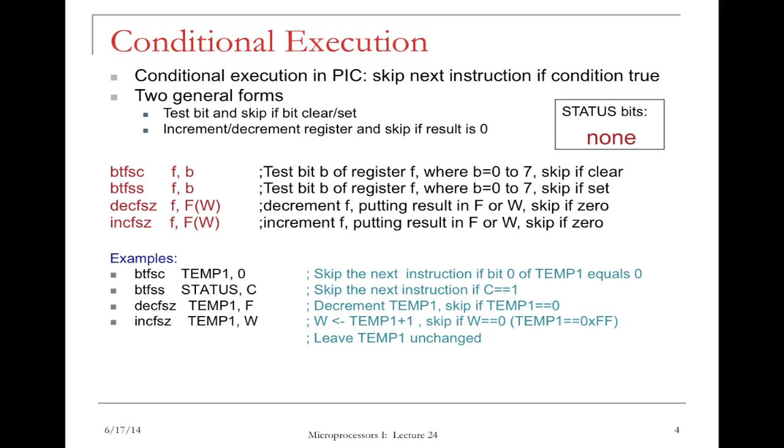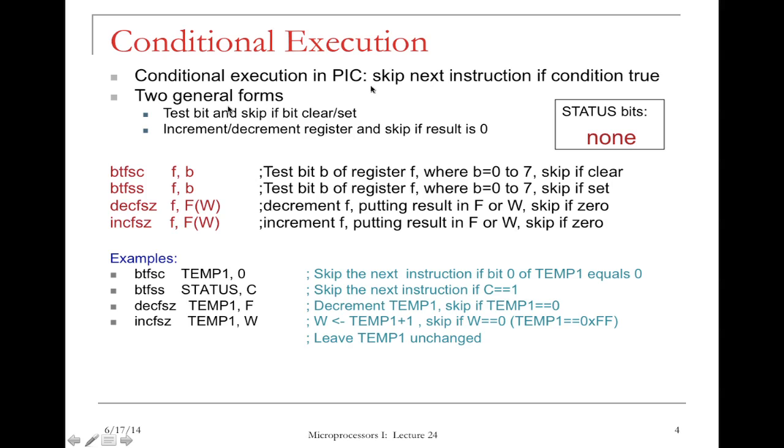So those are the conditional branching instructions in Intel processors. In PIC microcontrollers, we have these conditional instructions. You'll see they have slightly different operations than the conventional conditional branching instructions.